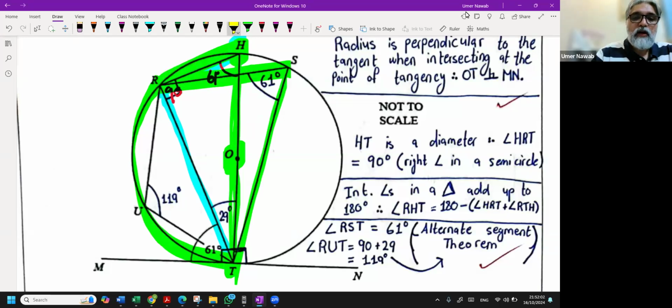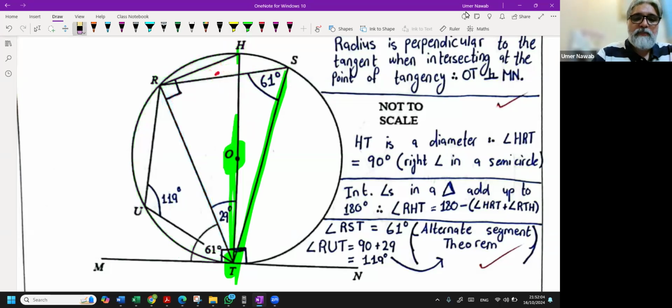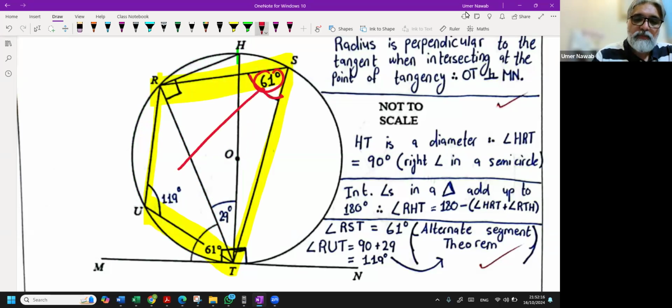I can also see there is a possibility of having a cyclic quadrilateral like this, and this. So if you know this angle is 61, then the opposite to 61 is 119. So that's another property of cyclic quadrilateral I may use in this question.